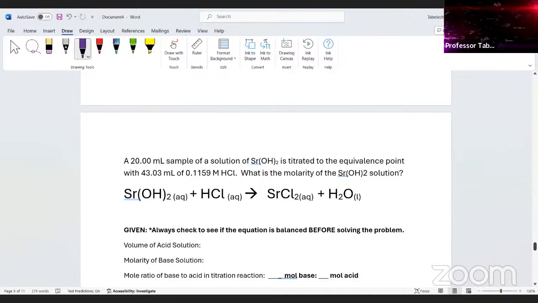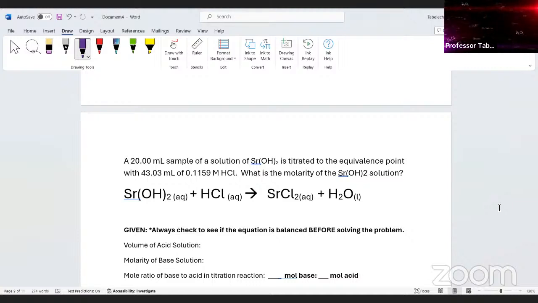So now, if you take a look at this next problem, it says a 20.00 milliliter sample of a solution of strontium hydroxide is titrated to the equivalence point with 43.03 milliliters of 0.1159 molarity hydrochloric acid.